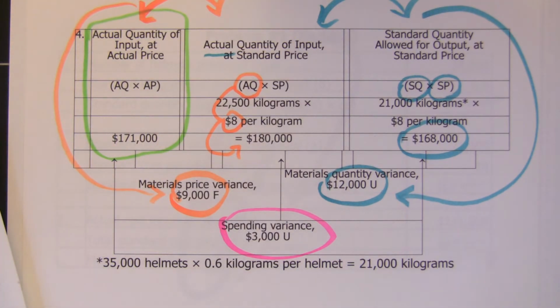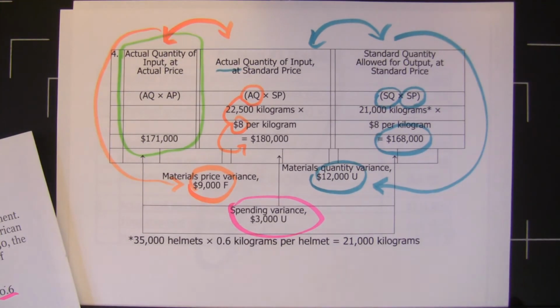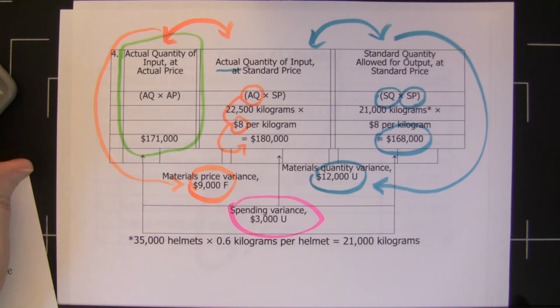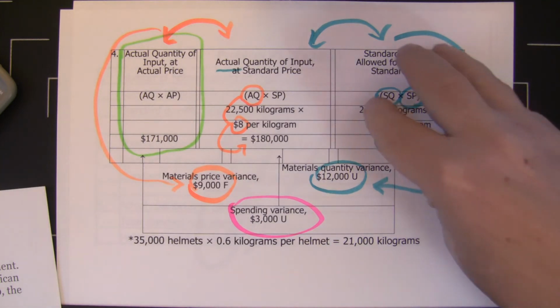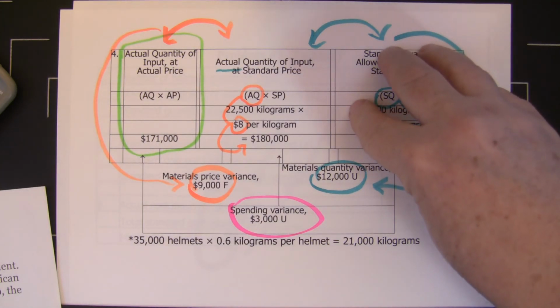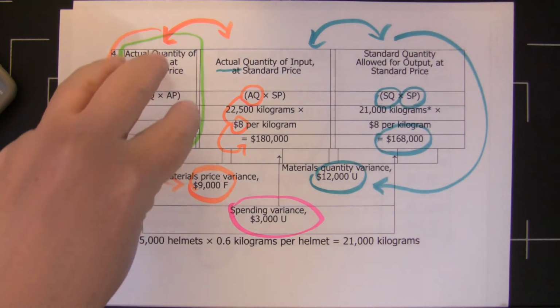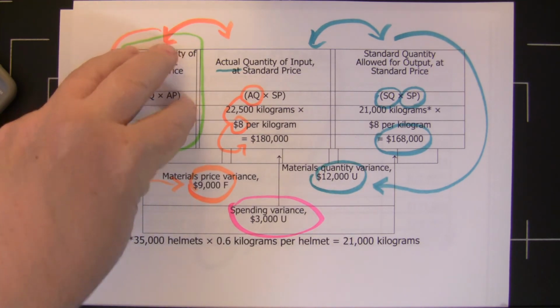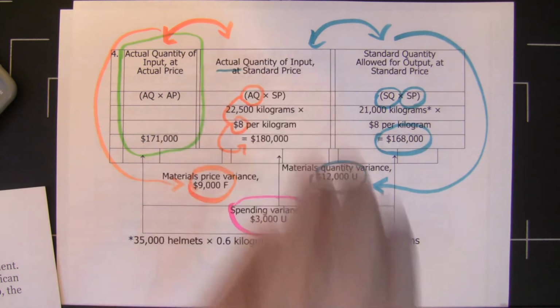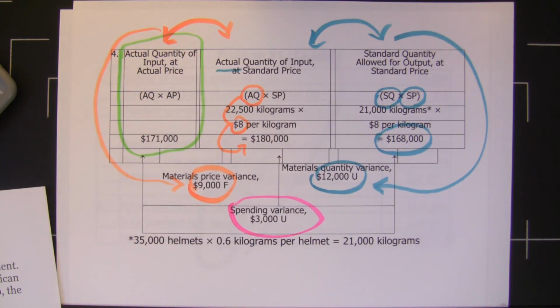Let me just zoom down a little bit so you can see all my arrows. Just take a minute, think about it. We're comparing what we should have used and what we should have paid, really used, really paid, and really used at what we should have paid.